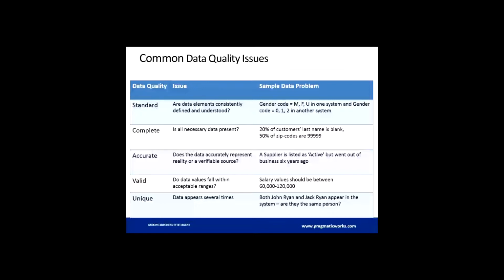And how do we have customers that weren't active 6 years ago, but we're using those customers instead of the active customers. You might also find that you have salaries that are coming in for your intern that are well outside the normal boundary of an intern salary. Maybe it's millions of dollars for an intern salary. So somebody's either hacked the system or they've added a few zeros by accident. And you also might find uniqueness issues. You might see the same John Ryan 5 times because the data originated from 5 different systems. And you want to uniquify that data. That's a word. It is now.